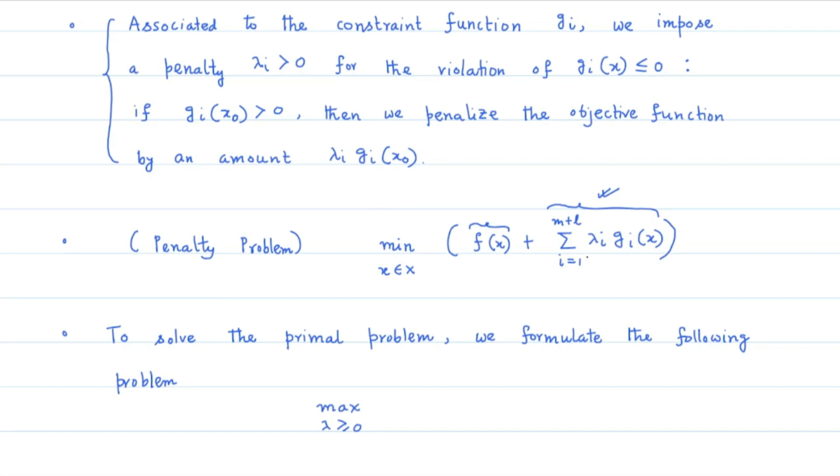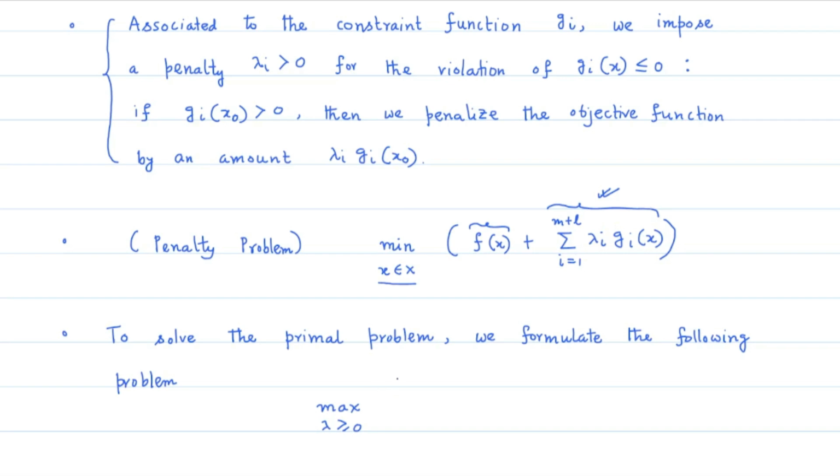If you take the maximum value of this penalization, then obviously at the end of the day you are frightening the decision maker not to violate any of the constraints, thereby making the minimization of this function f over the set of all points in capital X which satisfy the constraint set, for which this contribution of this expression is going to be equal to 0, right?